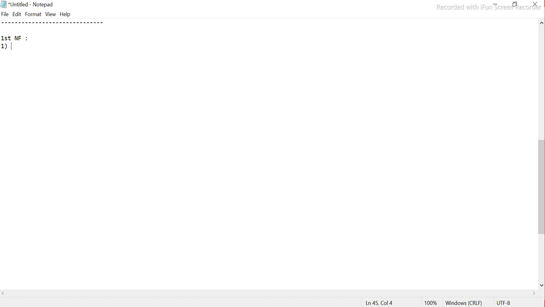These rules come in these forms: 1NF, 2NF, 3NF, BCNF, and then up to 6NF, and they are still evolving, right?